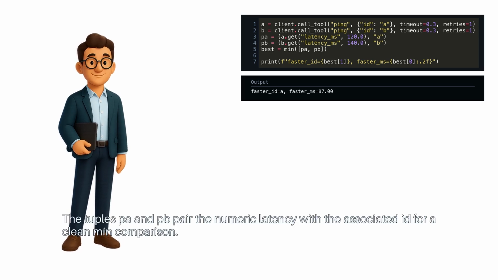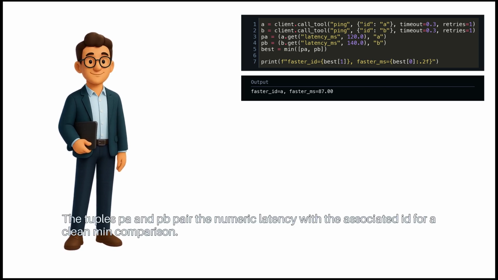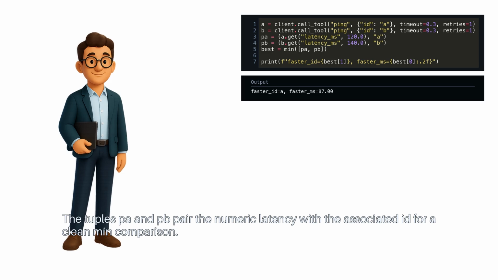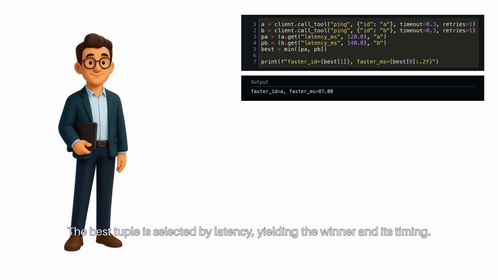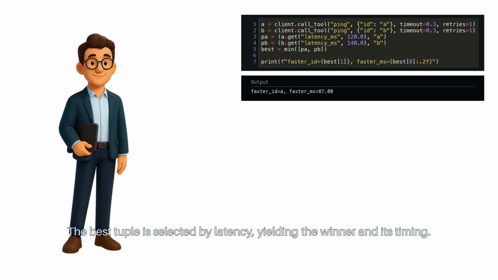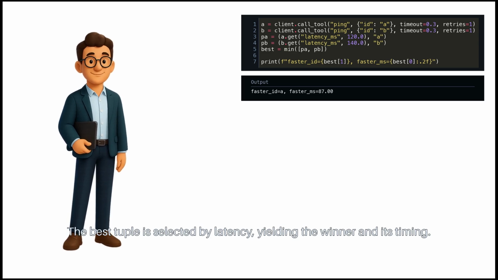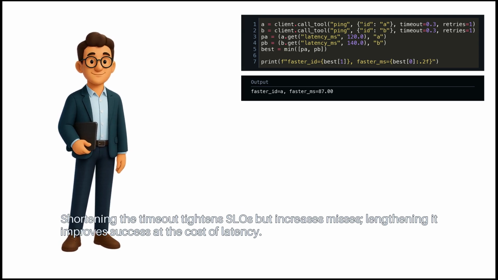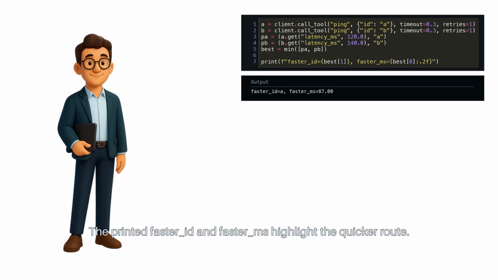The tuples PA and PB pair the numeric latency with the associated ID for a clean min comparison. The best tuple is selected by latency, yielding the winner and its timing. Shortening the timeout tightens SLOs but increases misses. Lengthening it improves success at the cost of latency. The printed faster ID and faster MS highlight the quicker route.